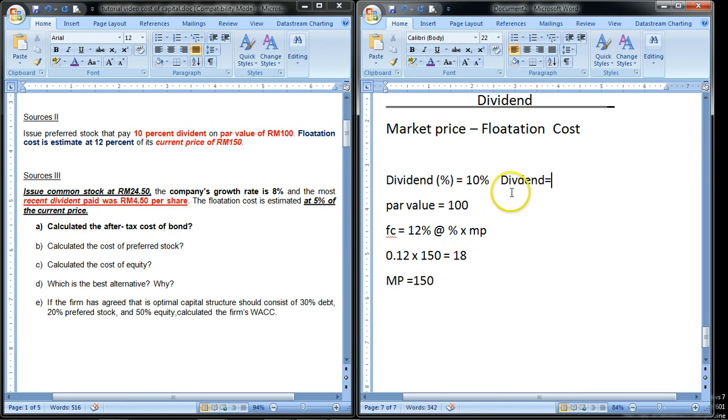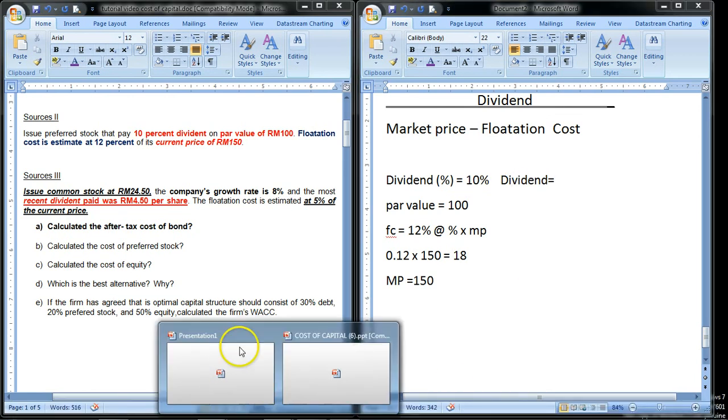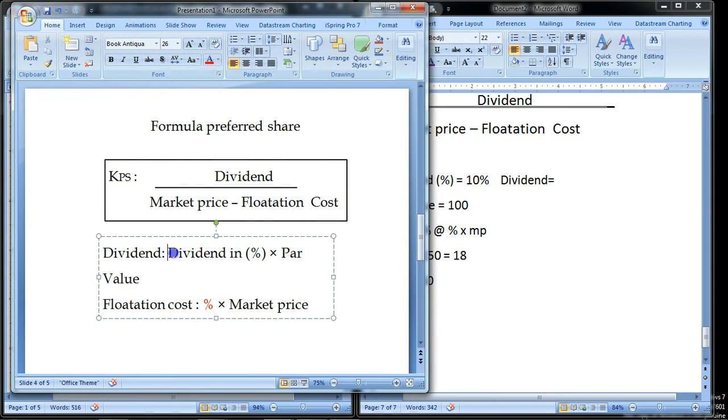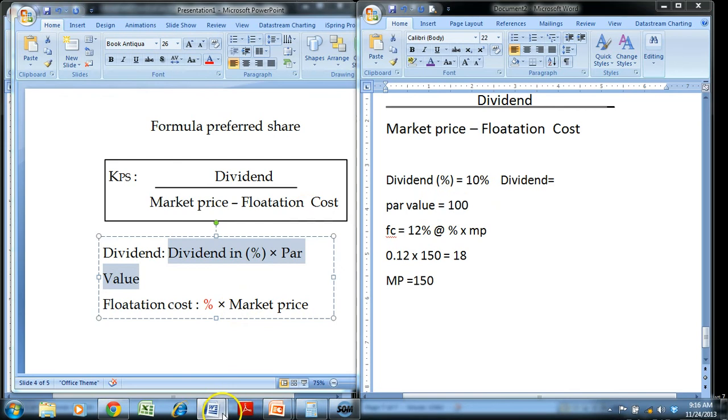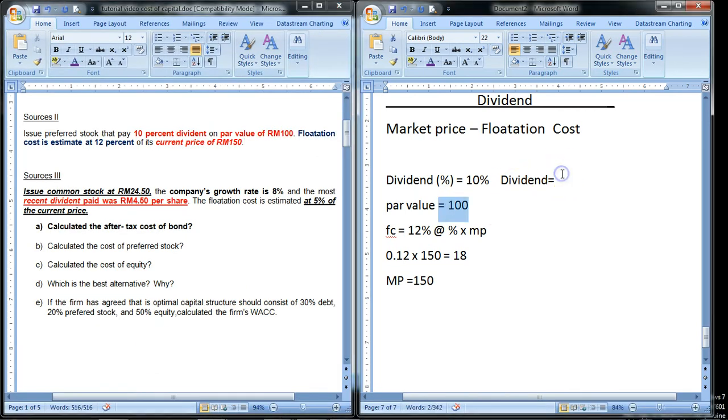As I told you, this is the formula: dividend percentage times par value. What is the par value, class? Very good, it's 100. So 0.1 times 100 equals, I know the answer, 10 ringgit. Correct? Say yes.